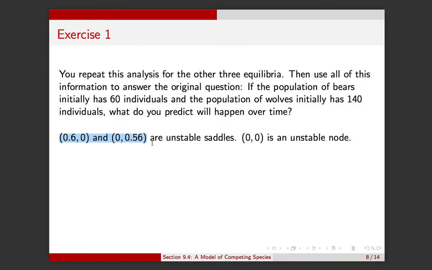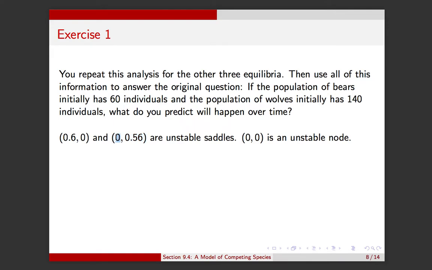Because what does that mean? This guy being unstable, for example, think about this guy. Since that guy's unstable, if I knock you off of it a little bit, then you're not going to flow back. You're going to flow away. And where are you going to flow to? You're going to flow to a stable equilibrium, and in this case, the stable equilibrium is mutual coexistence. So what does it mean to knock you off this point a little bit?